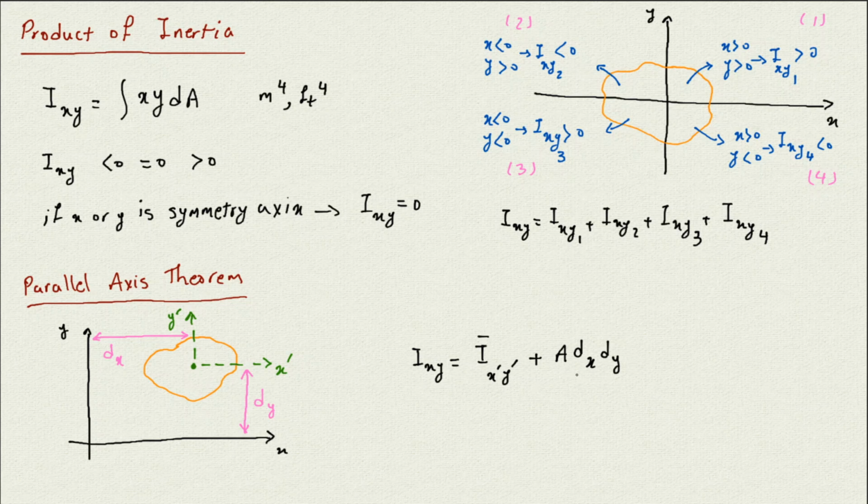So for both d sub x and d sub y, if they are positive, they are going to be positive, and if they are negative, they are going to be negative. We have to keep the signs for dx and dy in our calculation.